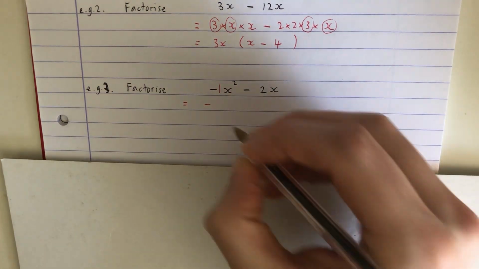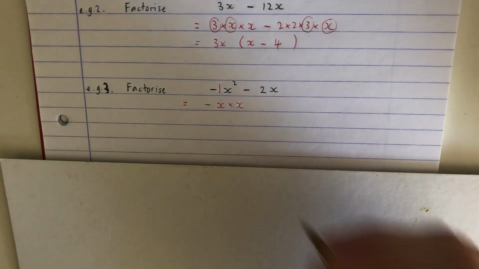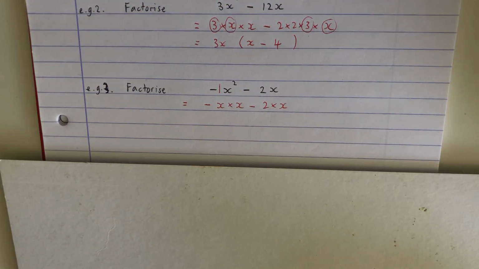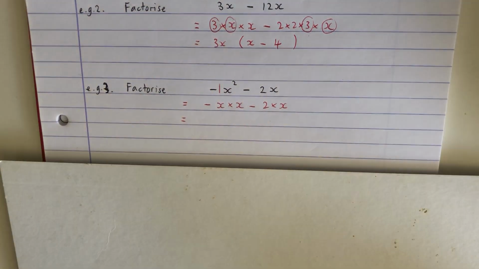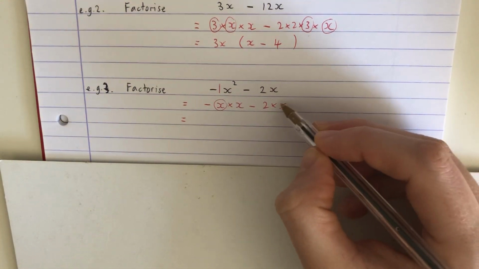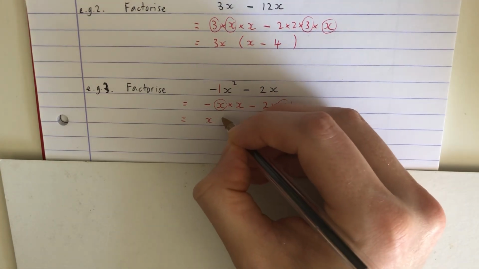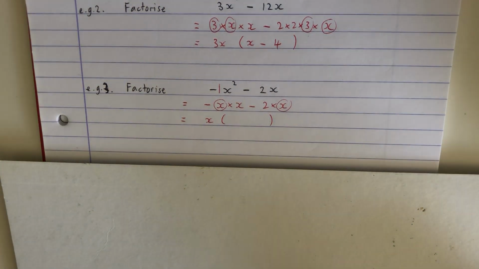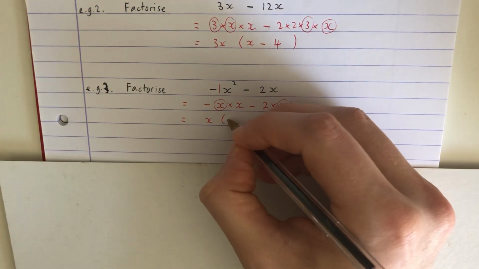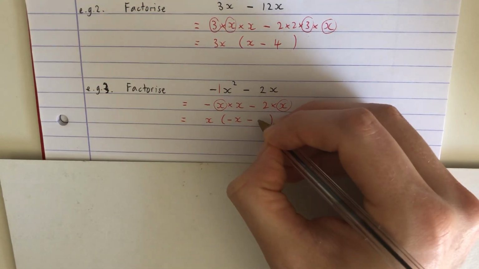So minus x times x, subtract 2 times x, which gives you x is common, and then you've got x on the outside of the bracket, and then inside the bracket you'd have minus x, and you'd have minus 2, like so.